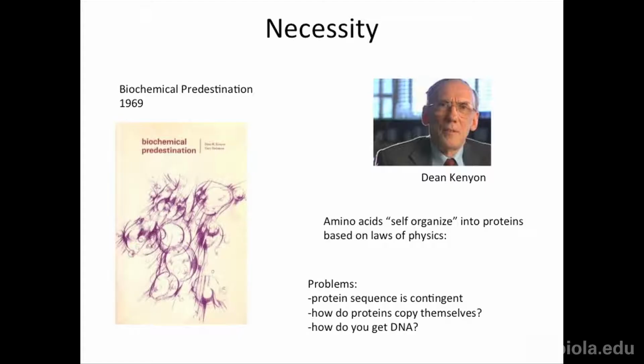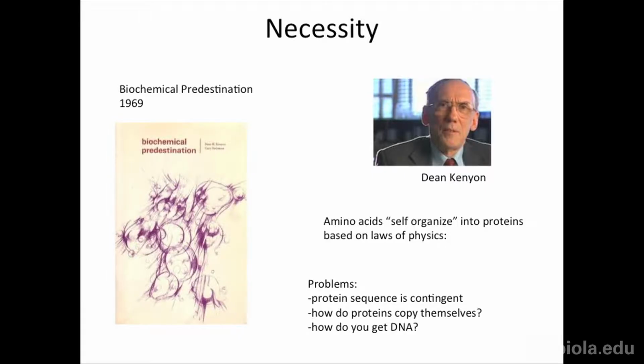Getting a second protein is going to have to do all those same things. There's no functional way for them to copy themselves without there being functional information there already, functional information in the DNA that tells you how to copy it into the amino acid. So that's a problem. You have to have DNA.